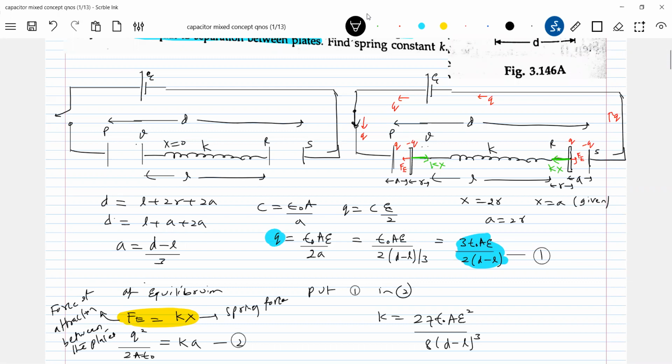Till now, they didn't ask any question on this with the capacitor. So there is a possibility of asking, because the capacitor and spring are the same. A capacitor will store electrostatic energy, the spring will store mechanical energy. Both are equivalent here. That's why we are just bringing that one. Later on, in the revision, I'll bring some numericals with electrostatic potential energy and elastic potential energy.